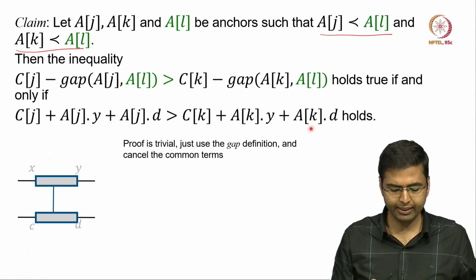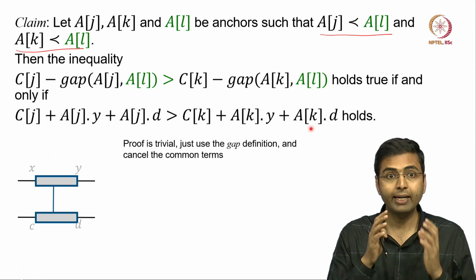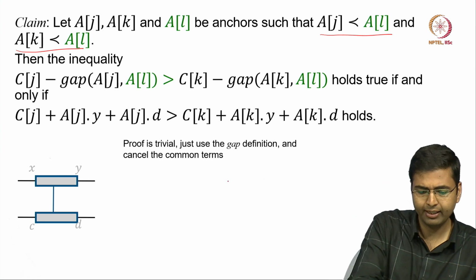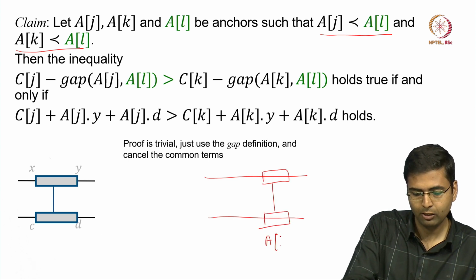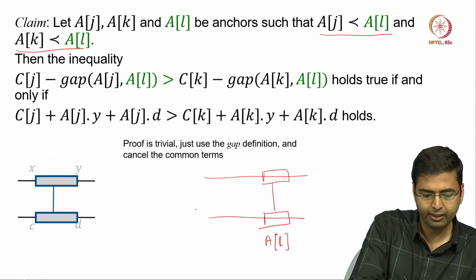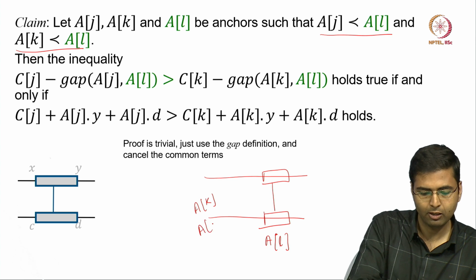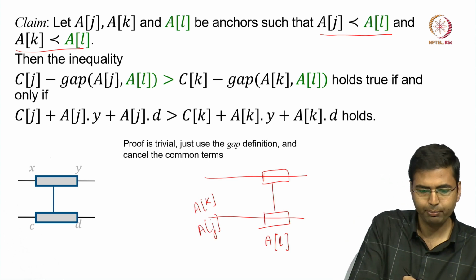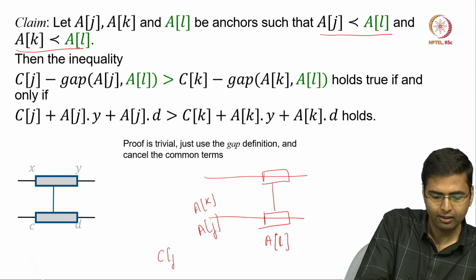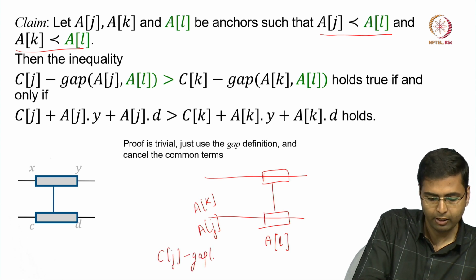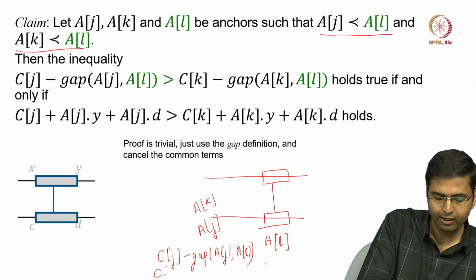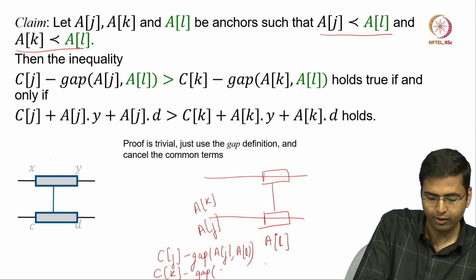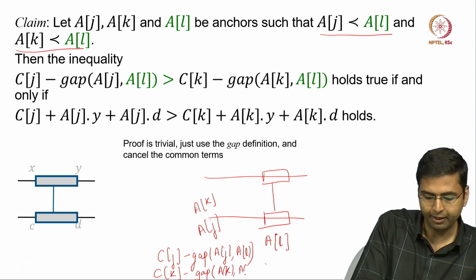So, first of all, why are we considering this? Observe that if you have an anchor Al, and suppose it has two preceding anchors Ak and Aj, and remember that we would choose between these two anchors based on whether Cj minus gap(Aj, Al) is higher, or whether Ck minus gap(Ak, Al) is higher.